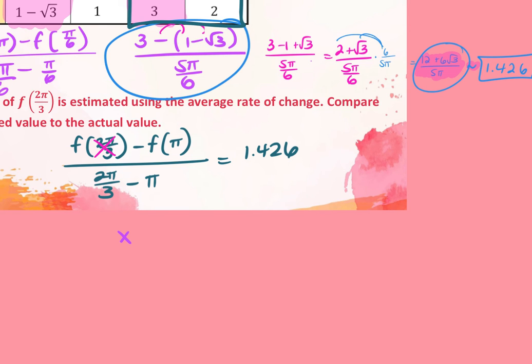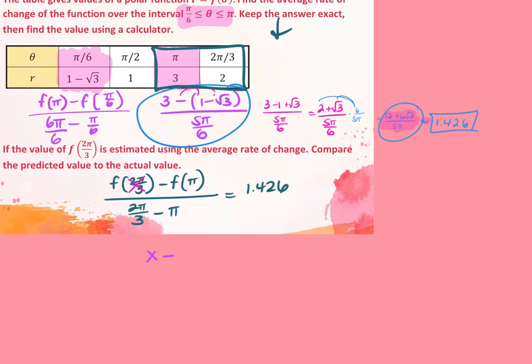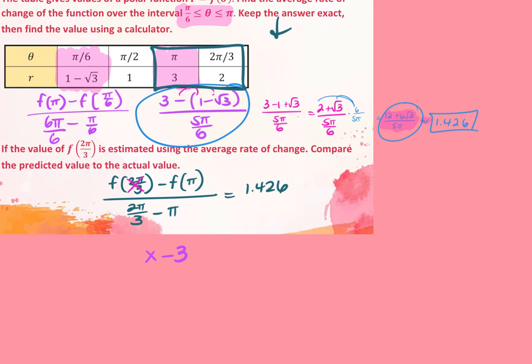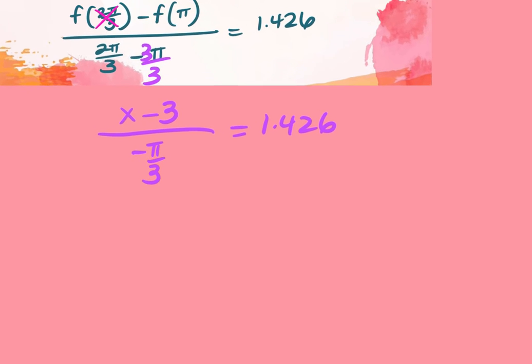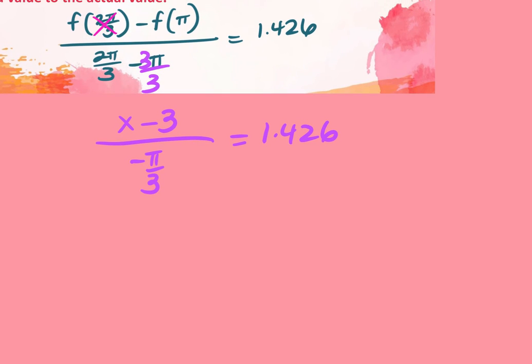So I'm going to say x minus f of pi, which is 3, over 2 pi over 3 minus 3 pi over 3, which would be negative pi over 3. And that equals 1.426. Yep, I'm setting it equal to the rate of change I found. And then I'm going to multiply by negative pi over 3.